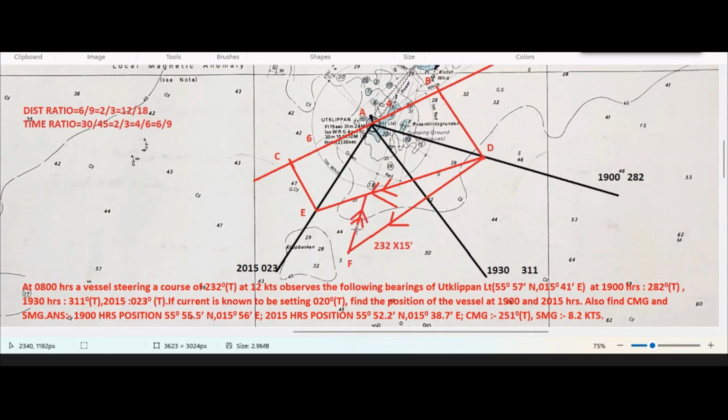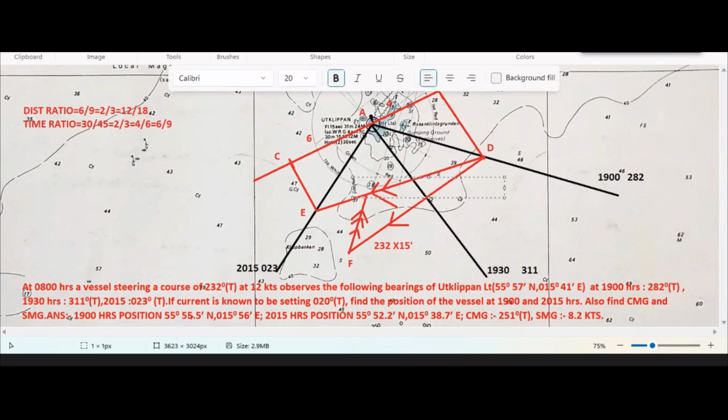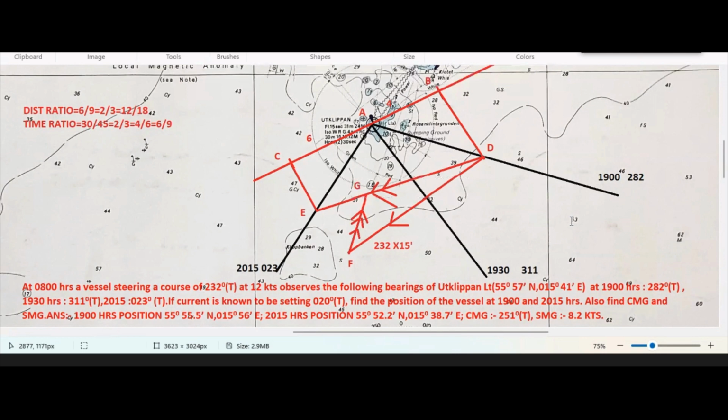It cuts the course made good line at a point G. So we have completed one triangle, delta foxtrot golf. Each side of this triangle represents 1 hour and 15 minutes.